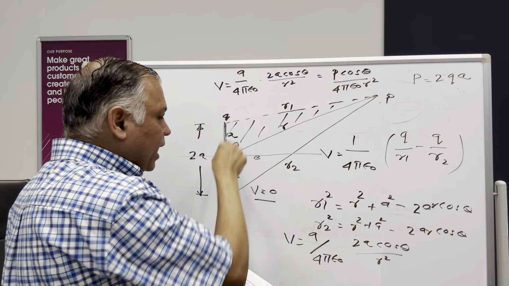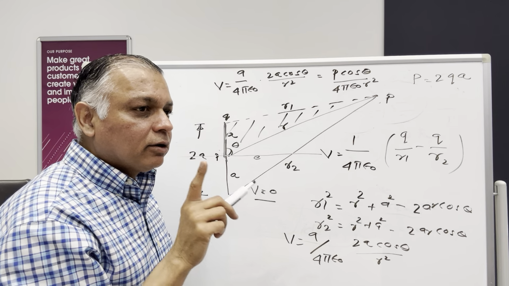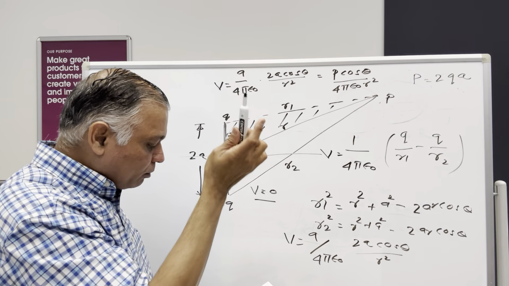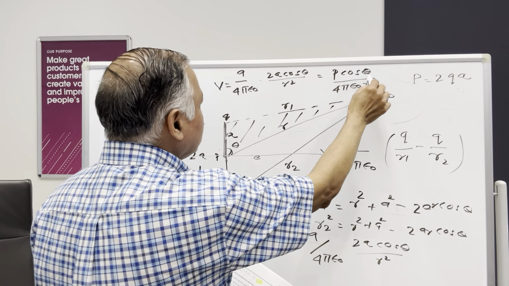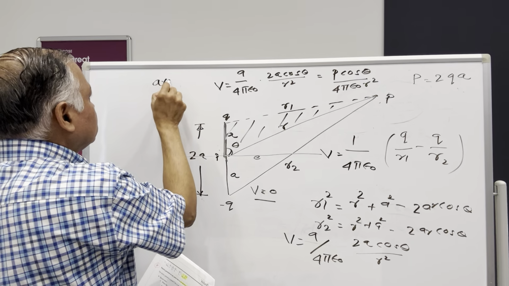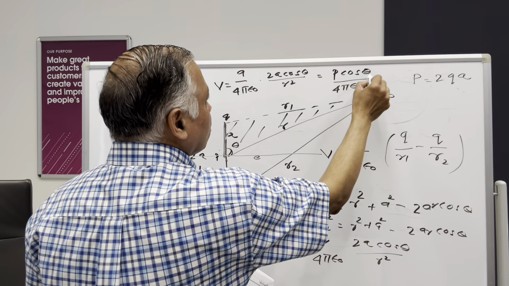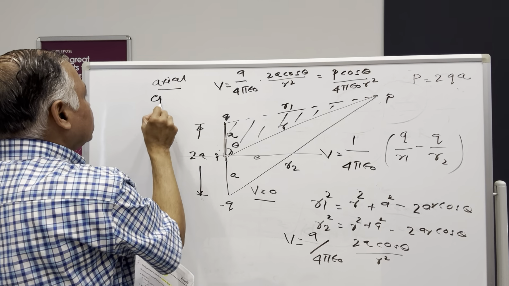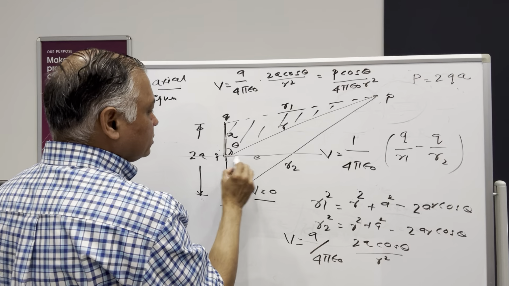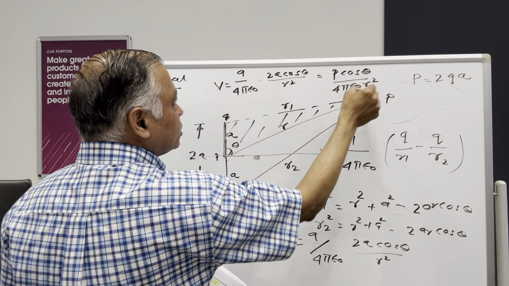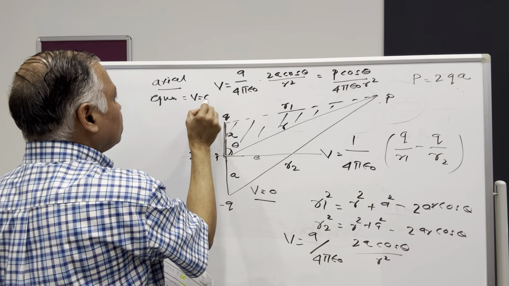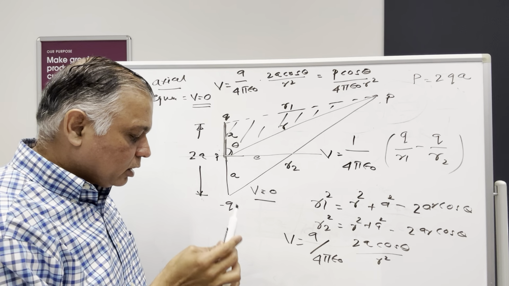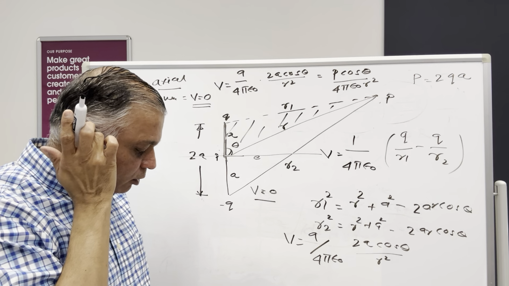If it is on the axial line, then theta is 0, cos 0 is 1, and in that case we get P over 4 pi epsilon 0 r square. So if it is axial, then cos theta is 1, so it is P over 4 pi epsilon 0 r square. If it is equatorial, then cos 90 is 0, so this whole thing will be 0, and in turn voltage will be 0. Something to remember if it is verbiage that they are going to use in an electric dipole example, right?